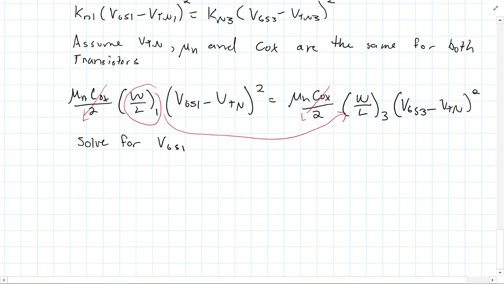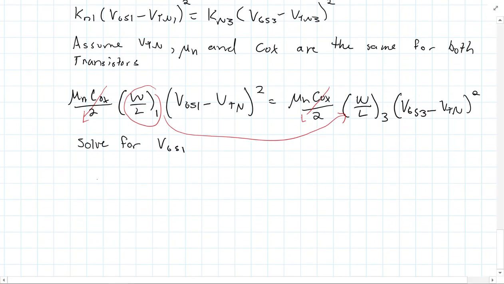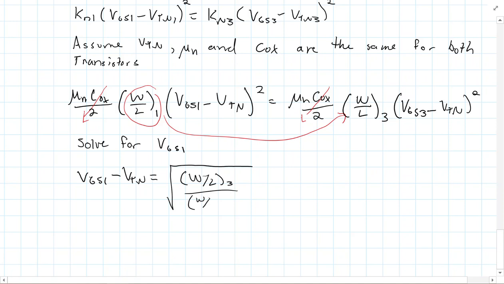So what I would be left with doing that is VGS1 minus VTN is equal to the square root of W over L for the third transistor divided by W over L for the first transistor, times (VGS3 minus VTN).